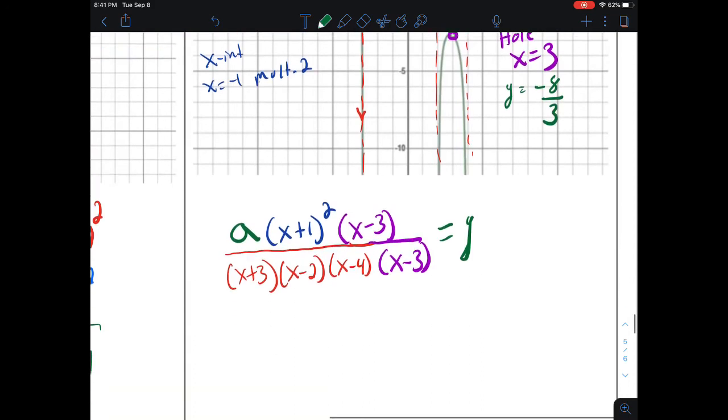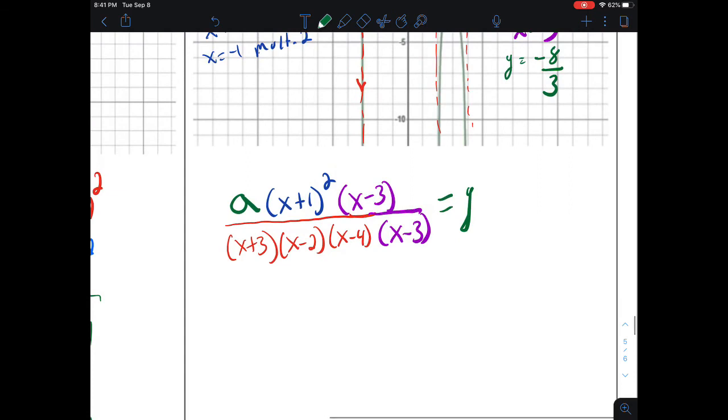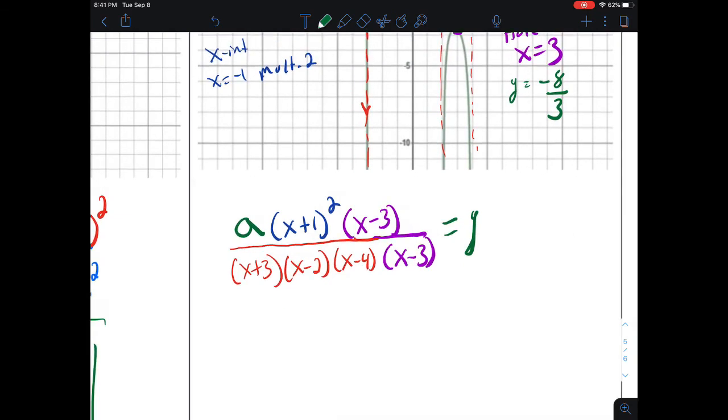The way we would solve for a is we're not just going to put -8/3 in for a. Through the process of finding the y value of the hole, we would cancel out the factors, which would make us have a times x plus 1 squared over x plus 3 times x minus 2 times x minus 4 is equal to y.